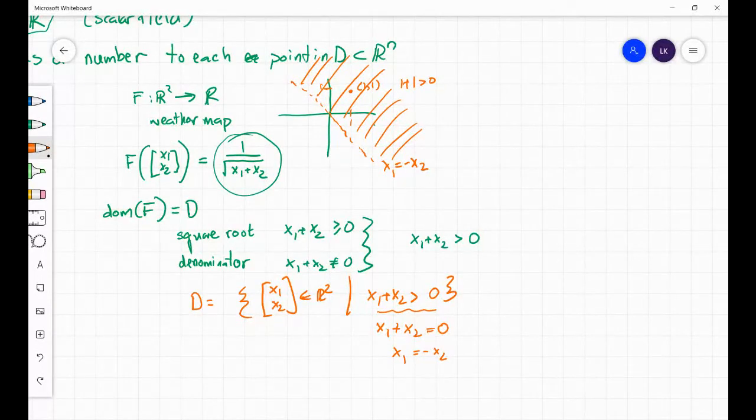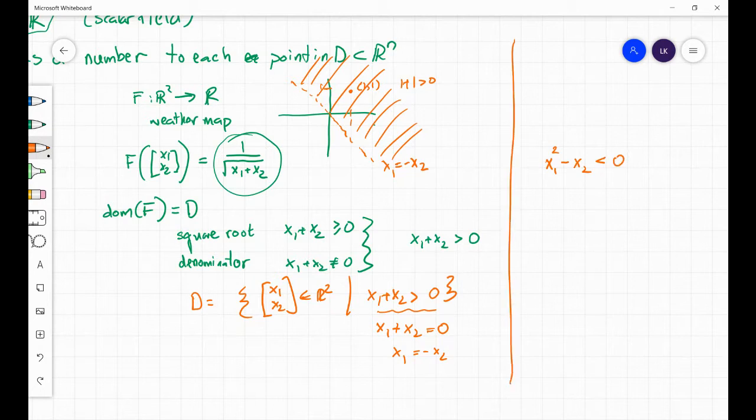Why did you set it equal to 0? Oh, so when I graph an inequality, so imagine I graph x1 squared minus x2 is less than 0. So that's like another example.